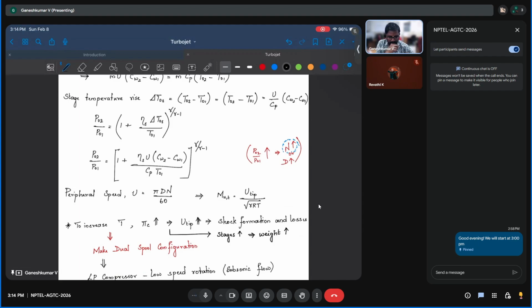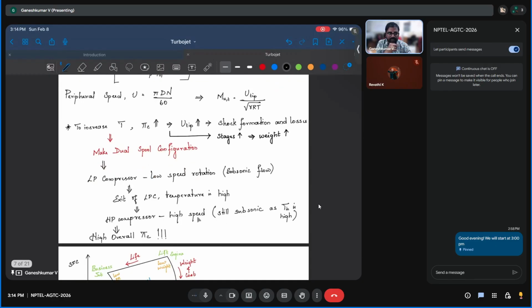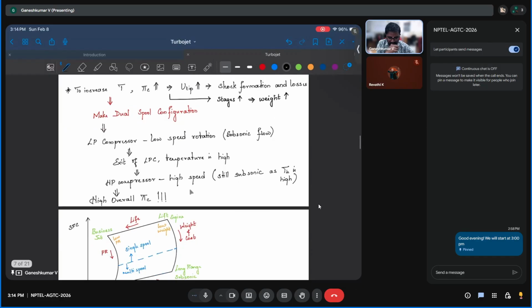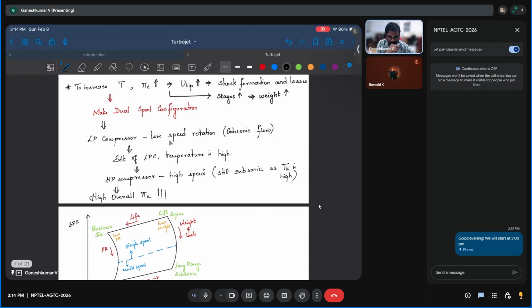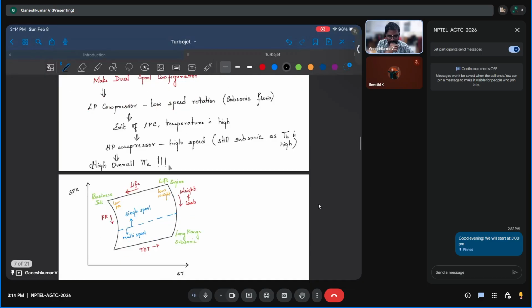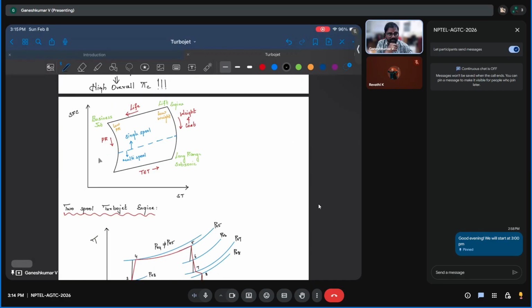This is what you call a dual spool configuration. And then we saw its advantages and where to use it based on your specific thrust and specific fuel consumption requirements. If your engine lies in the upper portion of this graph, you go with single spool. If it is in the lower portion of this graph, you go with multi spool.